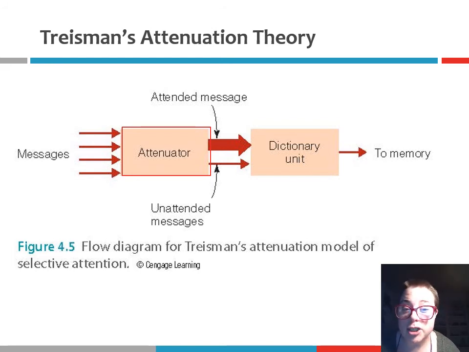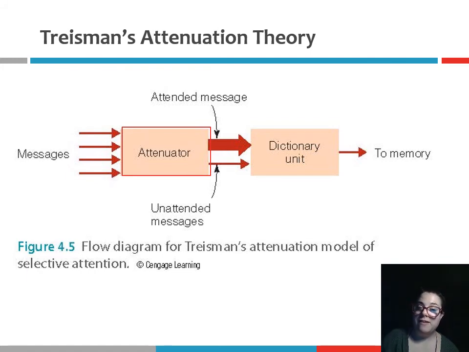Similarly, information in both channels is going to be processed in terms of language properties. For example, each word in both channels is going to be processed in terms of how many syllables it has, and so forth. So we've extracted a lot of information: physical or auditory characteristics, as well as linguistic characteristics, from both channels.